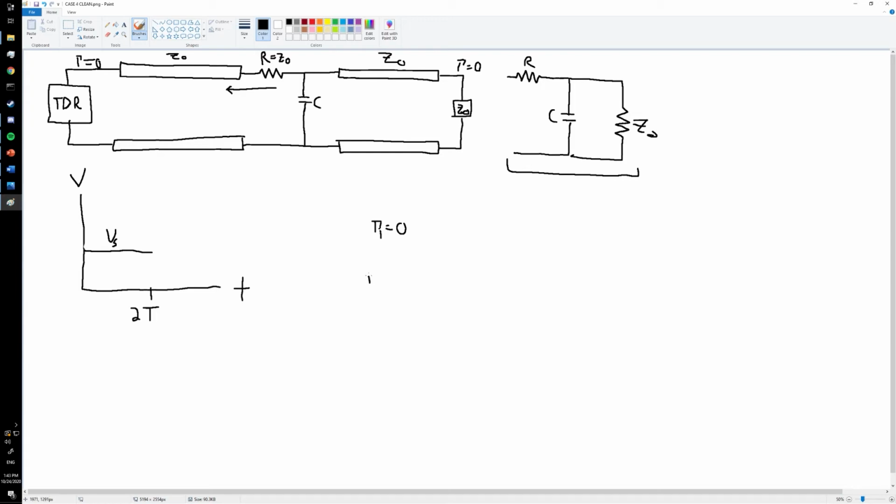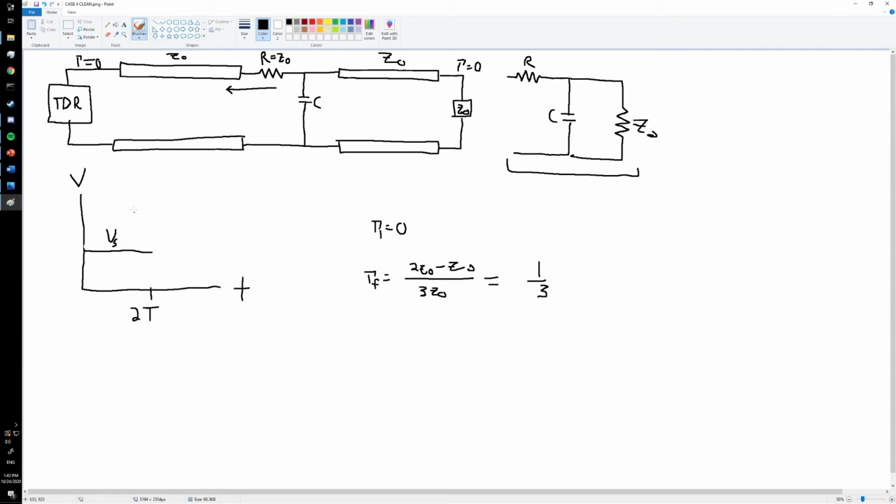At final, though, we have the capacitor acting as an open circuit. And when it's an open circuit, what our circuit sees is our resistance going into the transmission line in series, which is going to end up being (2Z0 minus Z0) over 3Z0, which is also equal to 1/3.